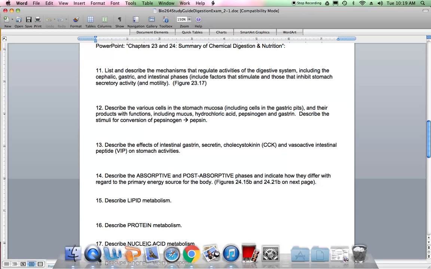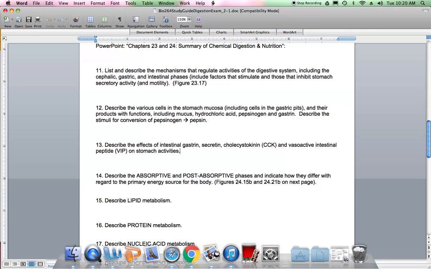These are also identified on this figure 23.717, and that also talks about their function. Cholecystokinin got its name because cholecysto refers to the gallbladder, and at the same time that it acts on the stomach to slow it down, it also will stimulate the contraction of the gallbladder, because often it's the lipids that have entered the duodenum that will be the trigger for the release of cholecystokinin.